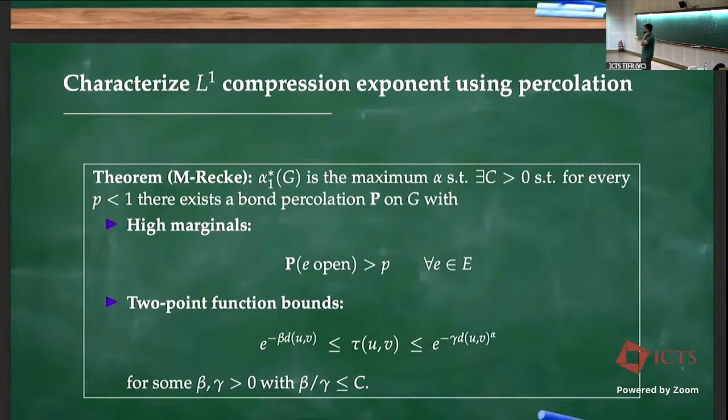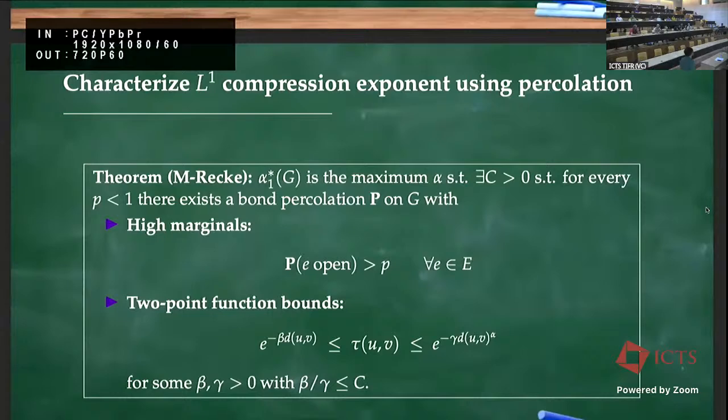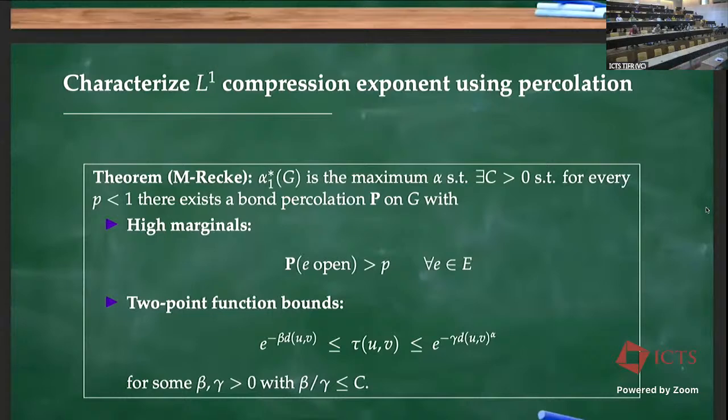But perhaps more interesting is the converse direction, because this is a characterization. If you can build a percolation with these properties, then there is a recipe to build a kernel, and the reason you can do that comes from the property of the 2-point function. I'm happy to talk about how to do that with you if you're interested, but maybe not here because it gets too technical.